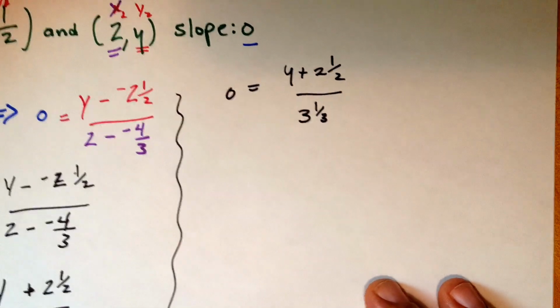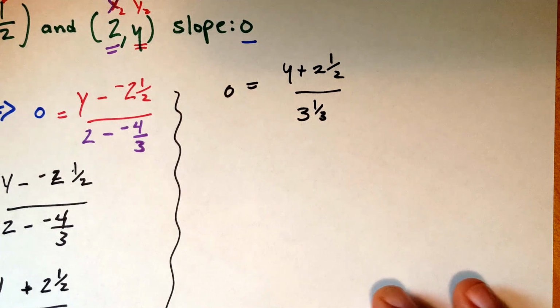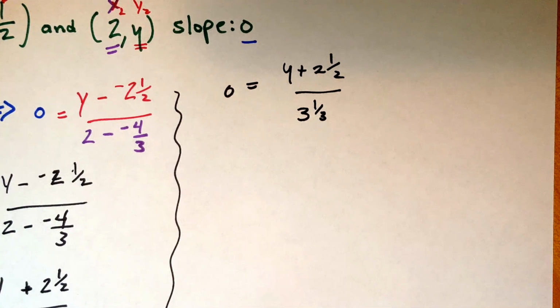If you want to do it that way, feel free. For the sake of today, I am not going to turn it into a decimal, just so I can show a different way to approach it and attack it, so that way, hopefully, you guys get more comfortable with the fractions.